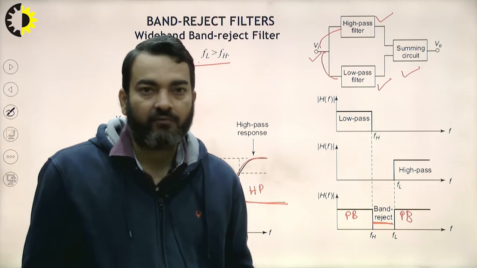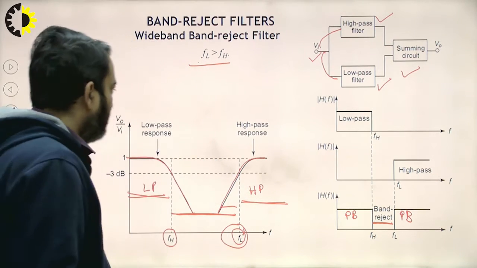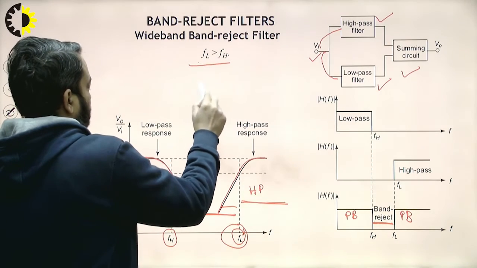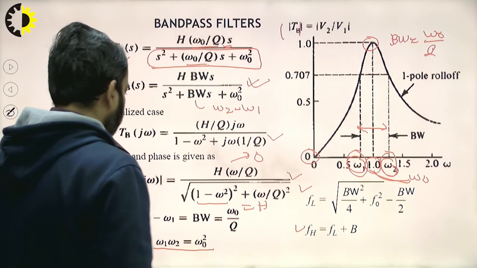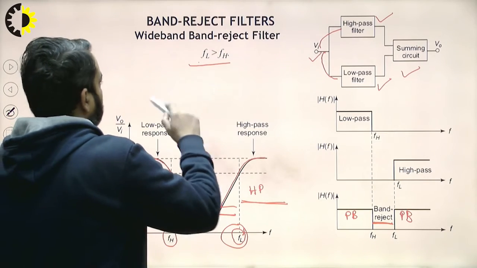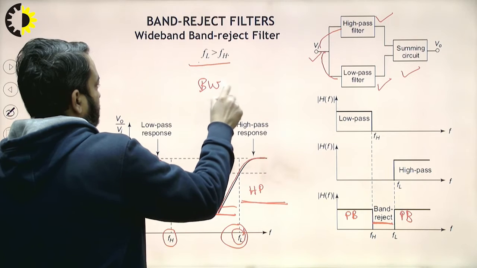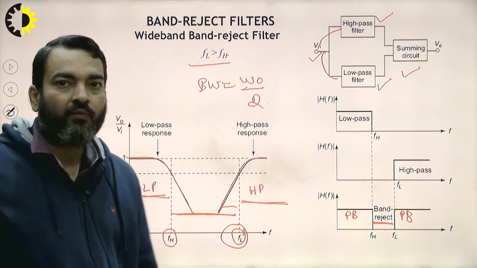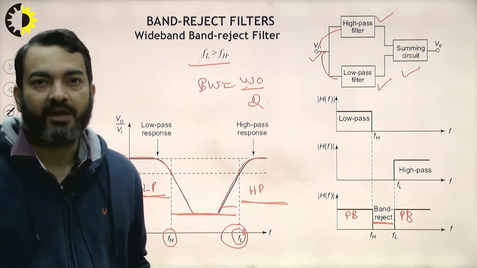So for the wide band reject filter, if we see the formula, wide band means higher bandwidth.